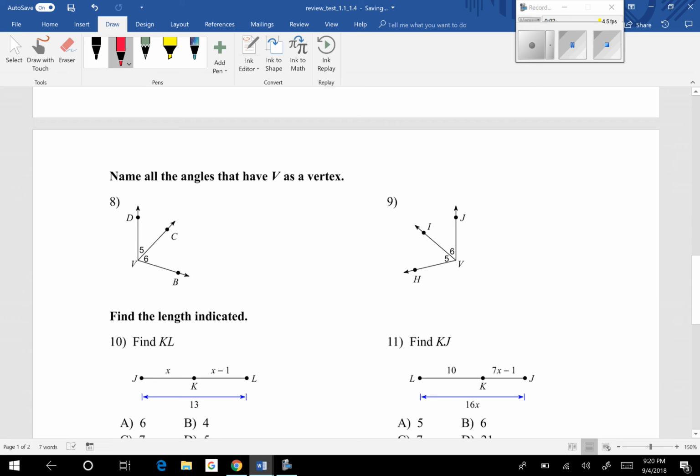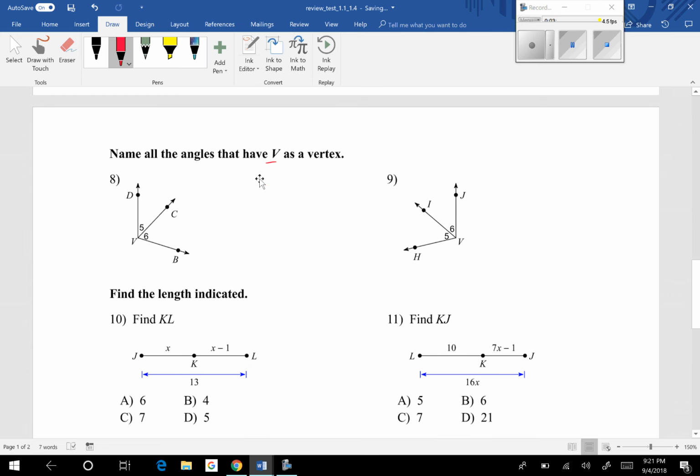All right, question 8. Name all the angles that have V as a vertex. So right here, V is our vertex, the corner, the point, and we have two angles. Okay, and so we'll name them. We can name them DVC, so angle DVC, as long as V is in the middle, because it is the vertex.